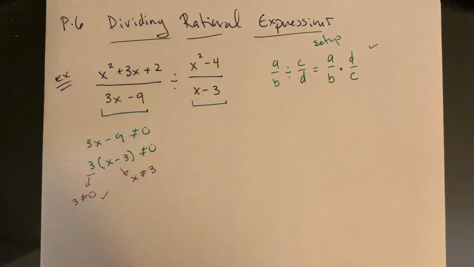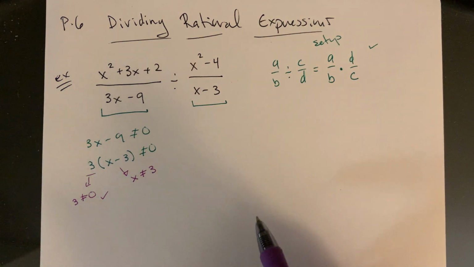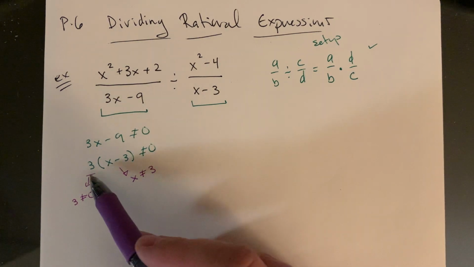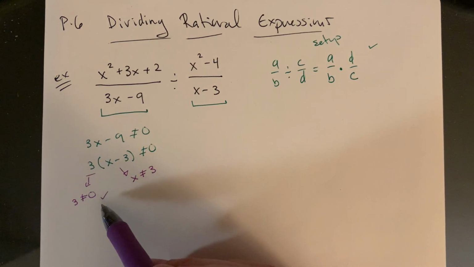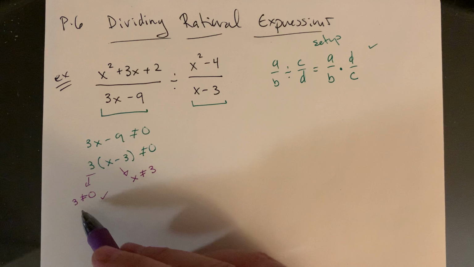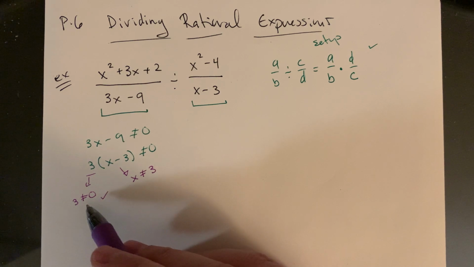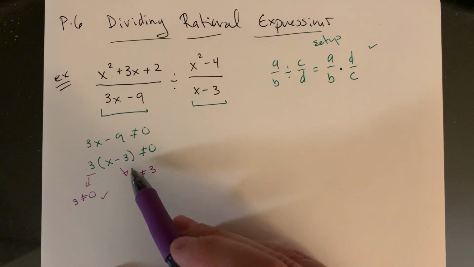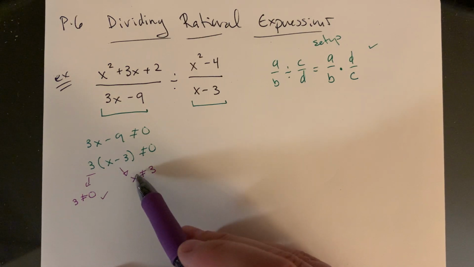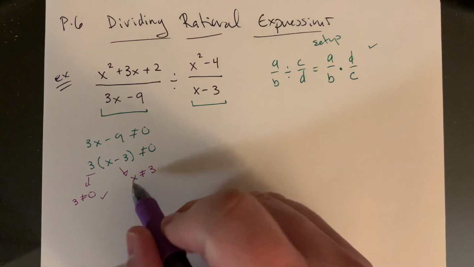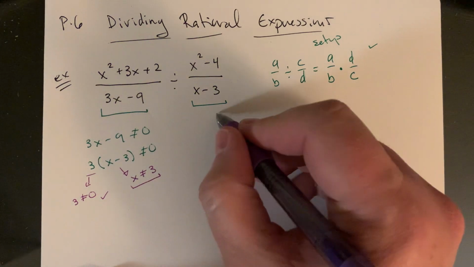It already is some other non-zero number, by definition of how numbers work. So this 3 in front doesn't give us an extra restriction. X cannot be 3 based on the x minus 3, right? It's not allowed to be 0. So that one we got to check.